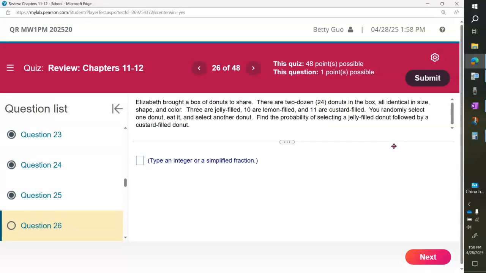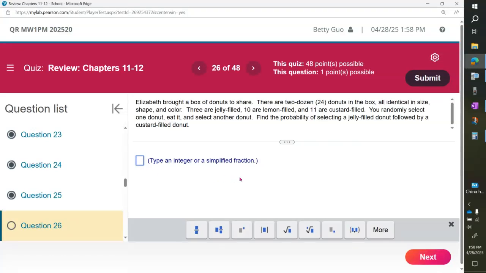Even if you don't see the word "and", it actually means a probability involving "and". And this is not independent, this is dependent, because you eat the first donut, so the setting will be different when you go ahead to select the second donut. But it doesn't matter, you are going to multiply two fractions, okay?